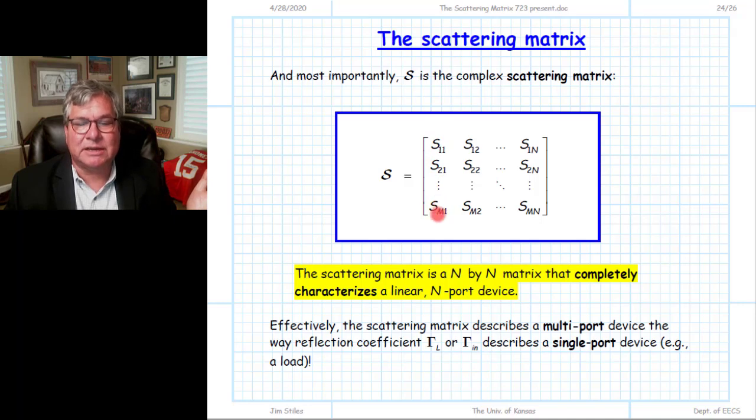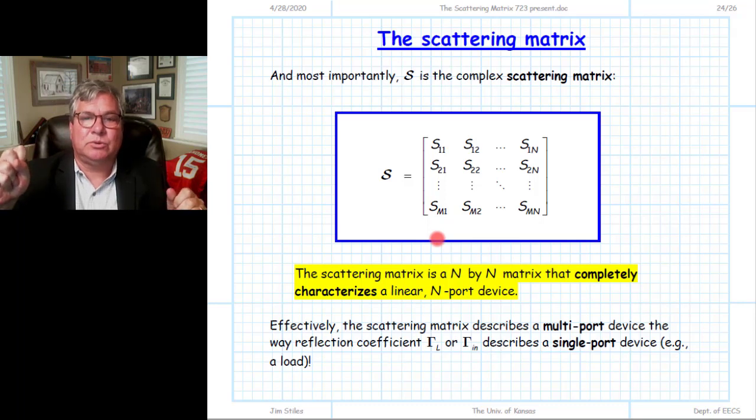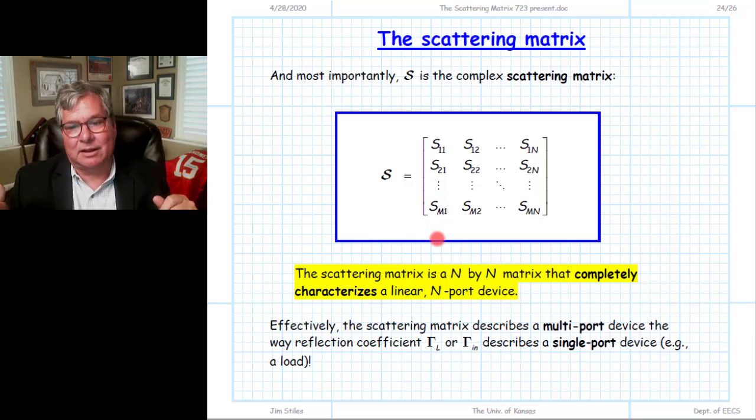So this column tells us what happens when we put one incident wave and one incident wave only onto port 1 only. Now all the other incident waves are 0, and we get scattering that comes out. The result of that experiment then resides in column 1.